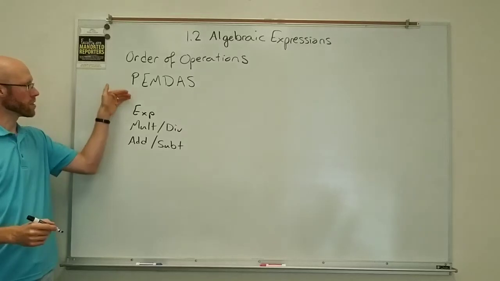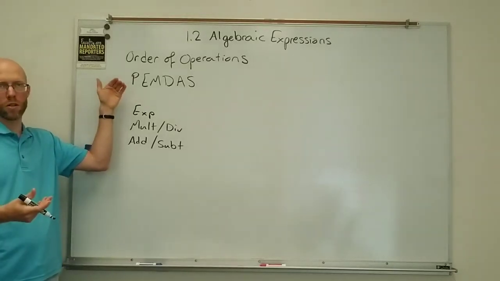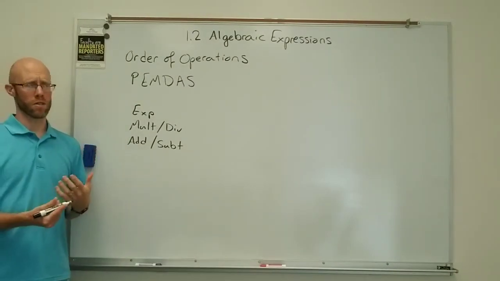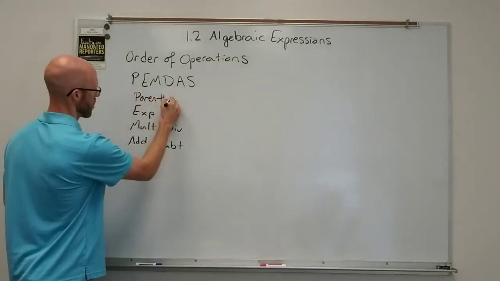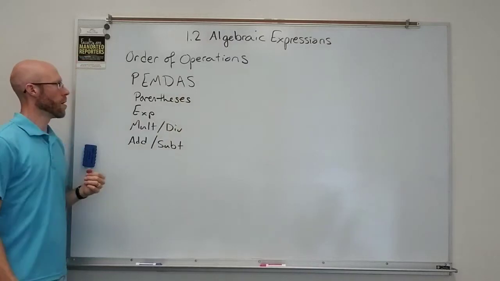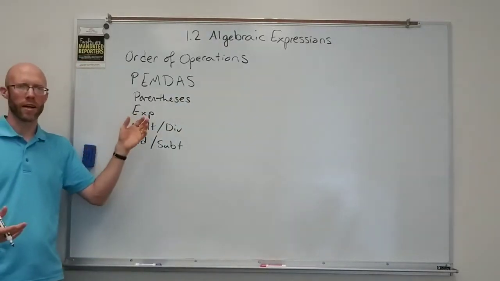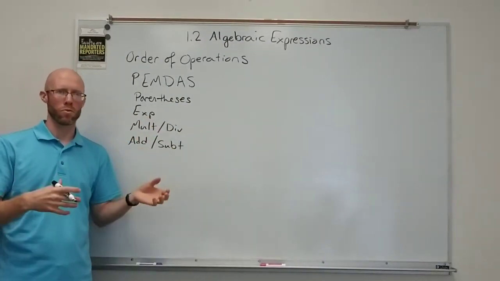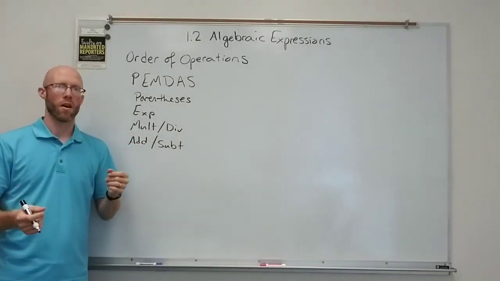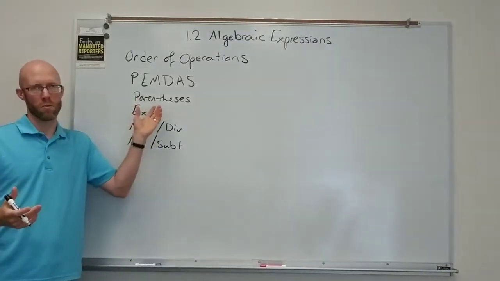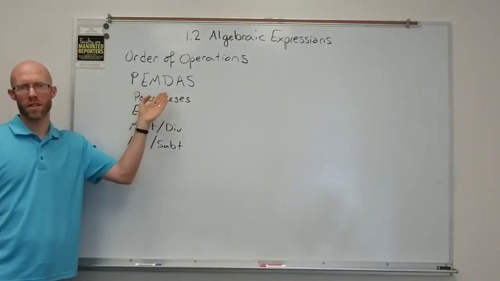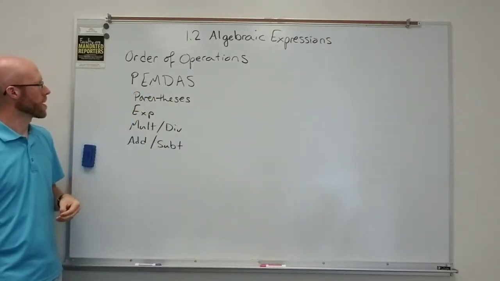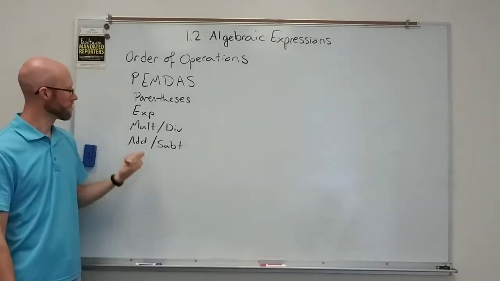And then the final layer, which is really the first thing we do, are parentheses, or different grouping symbols. Parentheses, brackets, braces, square roots, absolute values, all these things are called grouping symbols, but we just use parentheses because the P is nice in the abbreviation, okay? And they're the most common ones, honestly.